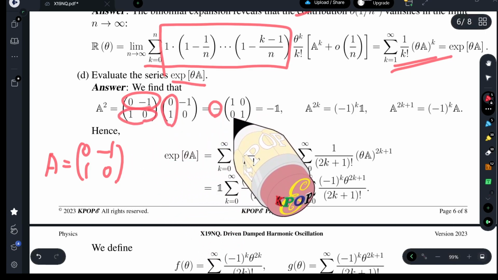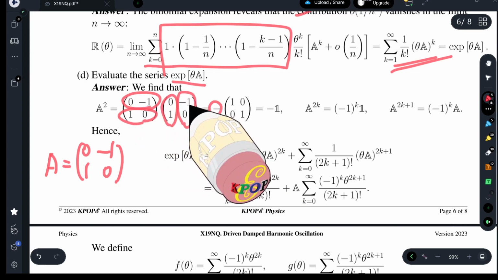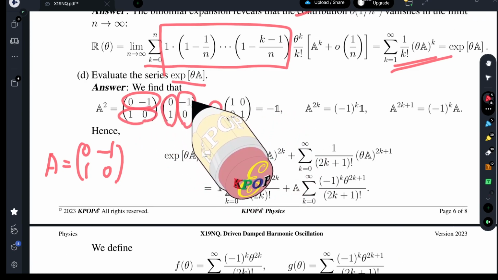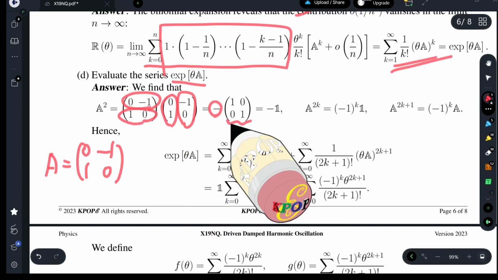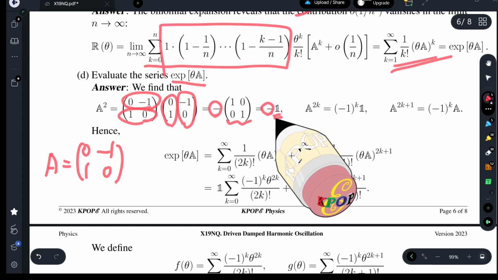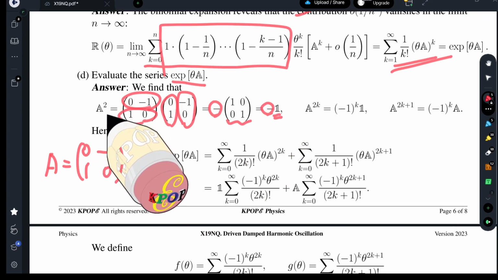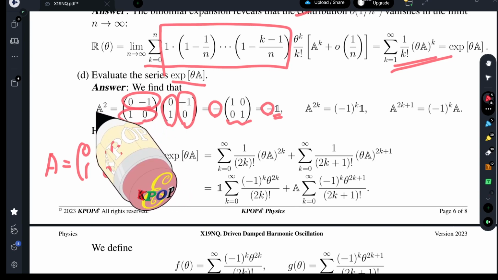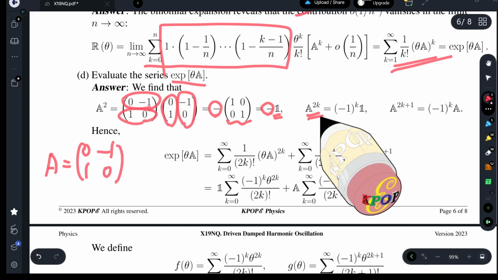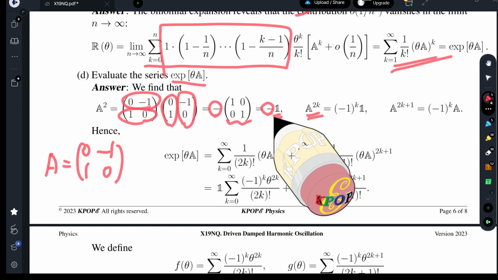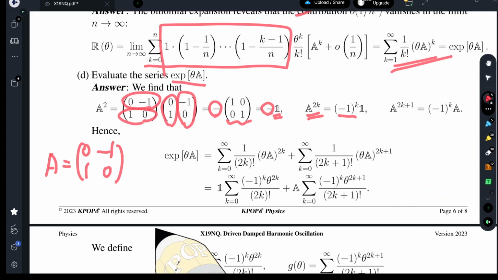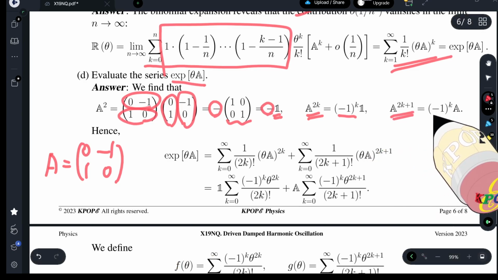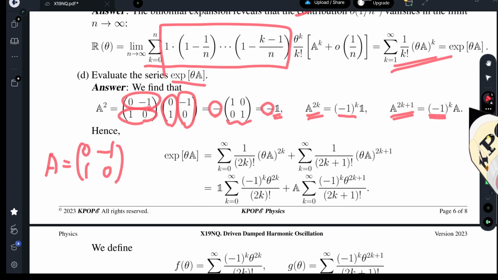Multiplying this, 0. Multiplying this and this, 0. And then we have again minus 1. This is minus the identity matrix. As a result, if I repeat the multiplication by even numbers of A, it is minus 1 to the k times the identity. Odd powers give minus 1 to the k and an additional single matrix A.